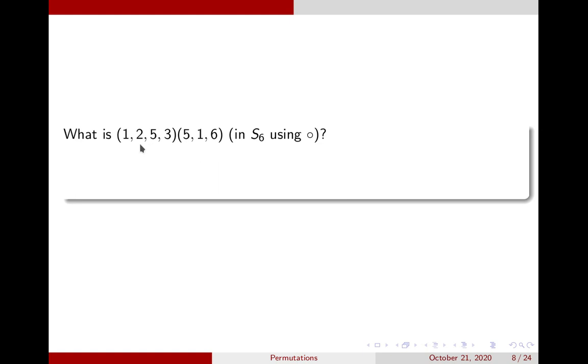Okay, let's try multiplying a couple of cycles. So we're multiplying the cycle 1, 2, 5, 3 by the cycle 5, 1, 6. These are both cycles in S sub 6, and since we are multiplying permutations, the operation is function composition.